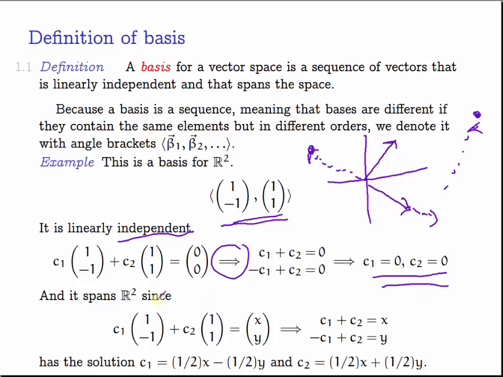We can also show that this set of vectors spans R2, because for an arbitrary vector in R2 with components x and y, I can find constants C1 and C2 so that the linear combination of these two vectors gives me the vector in question. This is just showing algebraically what I showed geometrically. These two things are important to show in order to show that a set of vectors is a basis.